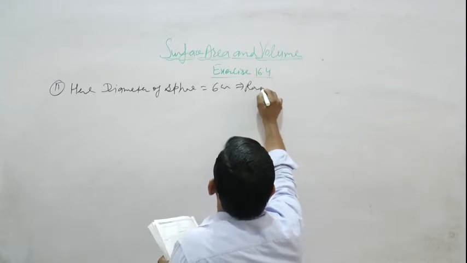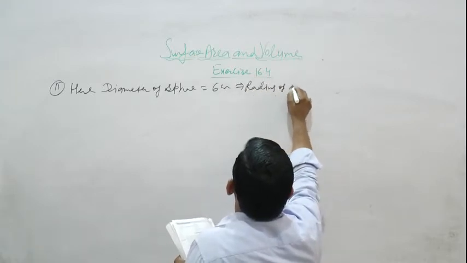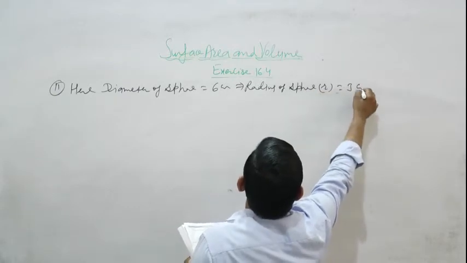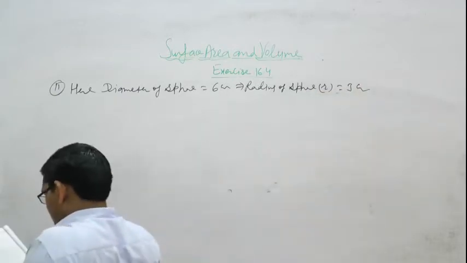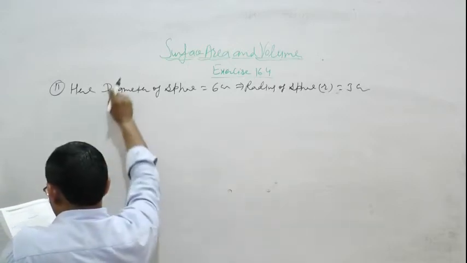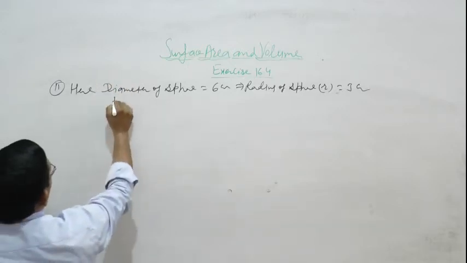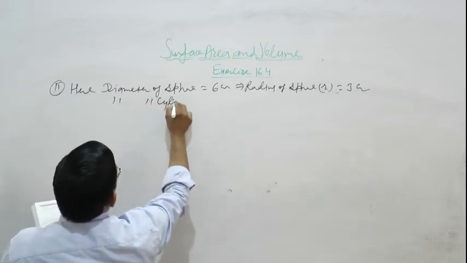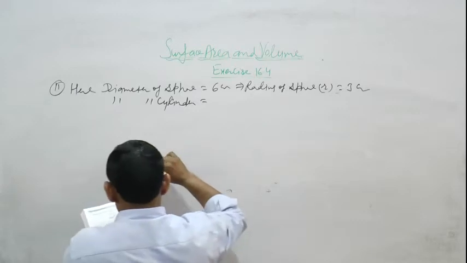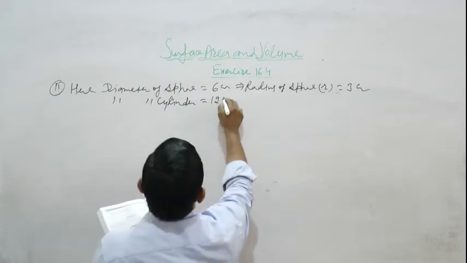So radius of sphere is 3 centimeter and diameter of cylinder is 12 centimeter.